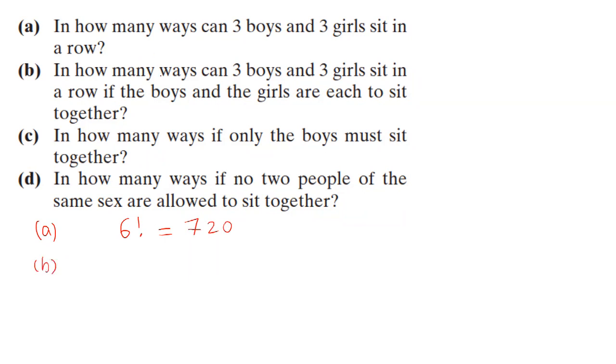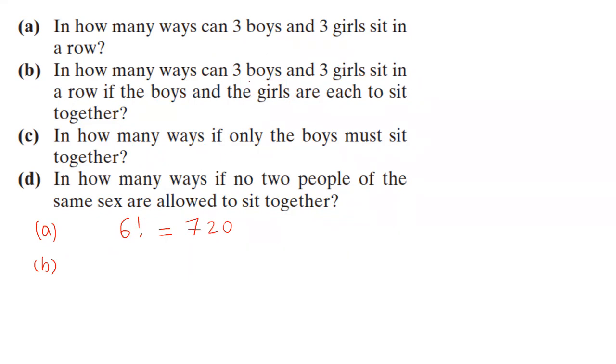Next, in how many ways can 3 boys and 3 girls sit in a row if the boys and girls are each to sit together? This question has a constraint. The boys and girls are each to sit together, right? So we can arrange the boys and then arrange the girls.